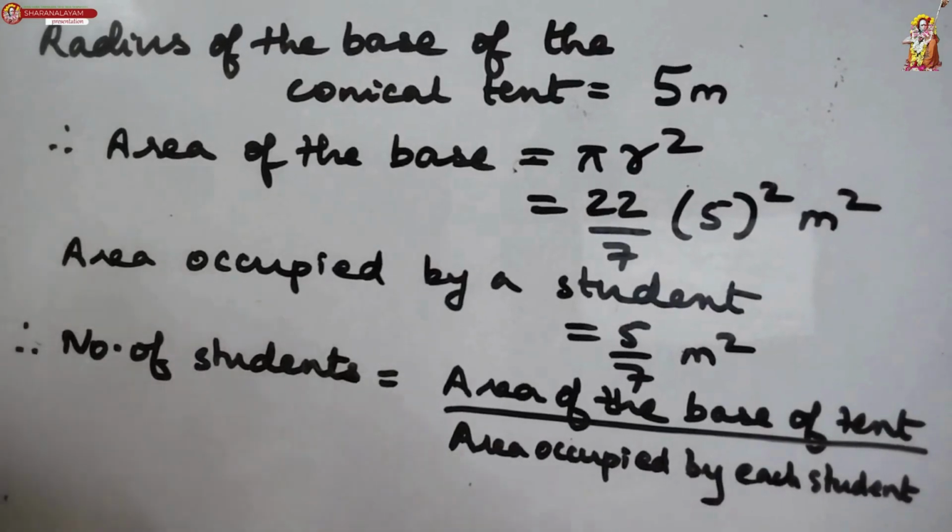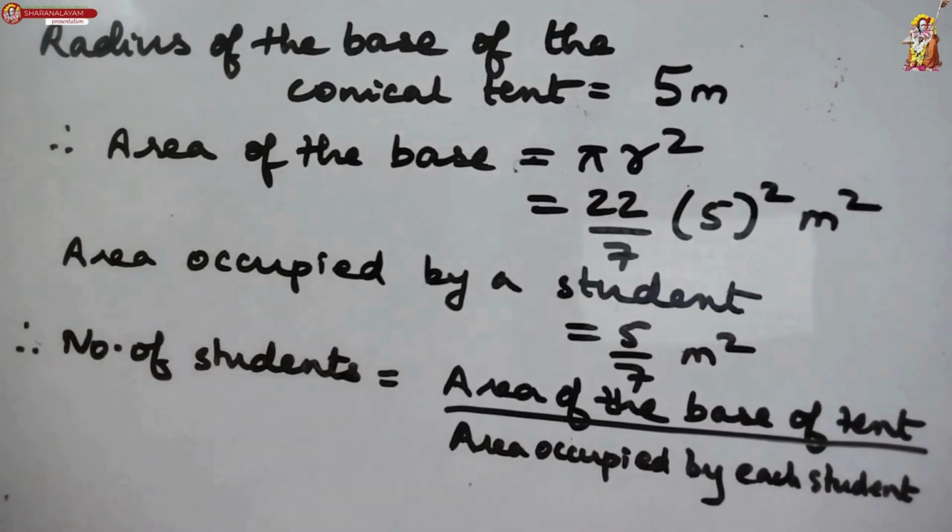Now, the radius of the base of the conical tent is 5 meters. So the area of the base will be pi r square, that is 22/7 into 5 square meter square. Area occupied by each student is 5/7 meter square. So the number of students who can sit in the tent will be the area of the base of the tent divided by area occupied by each student.